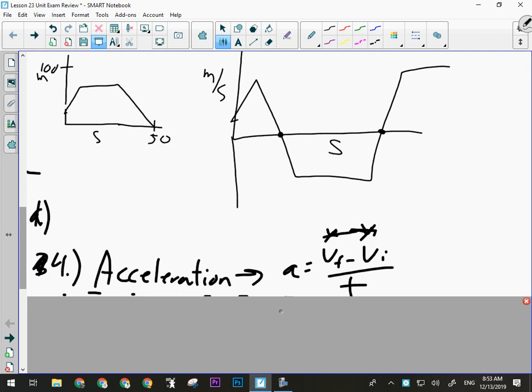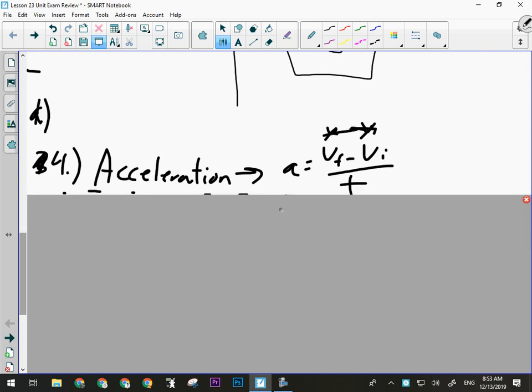All right, acceleration. So being able to use the formula a equals vf minus vi over t. That's important. There are two problems in the written response dealing with that formula. And it could also be part of a graphing question.